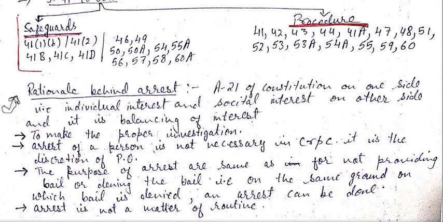In the DK Basu case, the Supreme Court clearly held that arrest is important in certain cases and arrest could not be prohibited in all cases. In less grave offenses, obviously it could be avoided. So in less grave offenses, the arrest could not be done unless the person hinders the investigation. In those cases, if there is a possibility of hindrance in investigation, then he could be arrested.